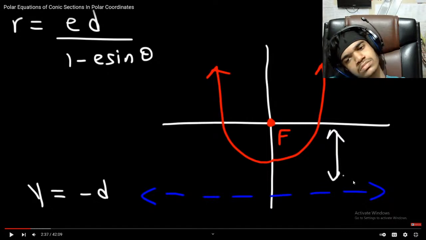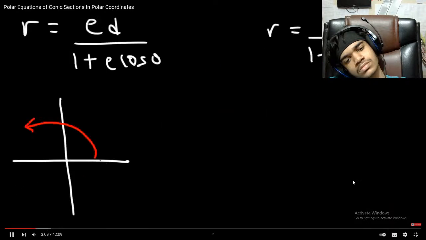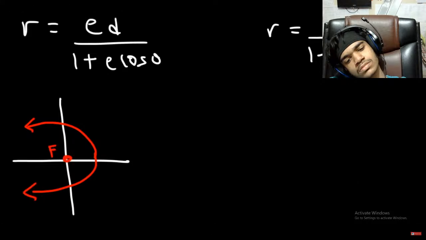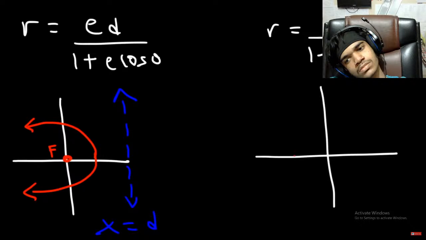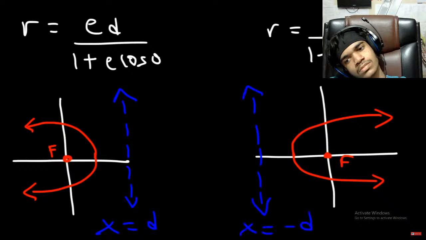So the directrix is vertical this time, and it's to the right of the pole. And the equation is going to be x equals d. For the other one, the conic section will open towards the right. And the directrix will be x equals negative d.